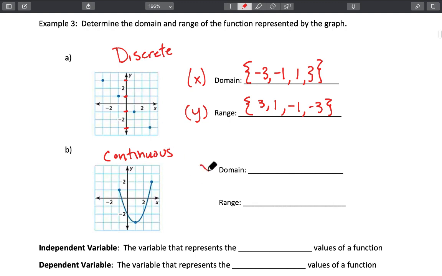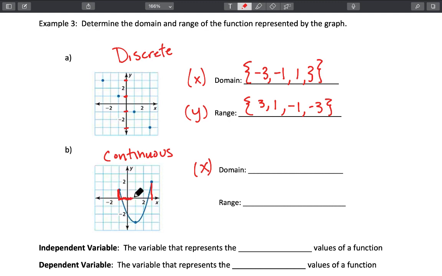So we're going to list our domain in a little bit of a different fashion. This is going to be known as interval notation. The interval is going to include all the x values where that continuous line is drawn. So the way we do that is we kind of smush this graph along the x-axis. That means I'm going to take the end points here and push them down to the x-axis.